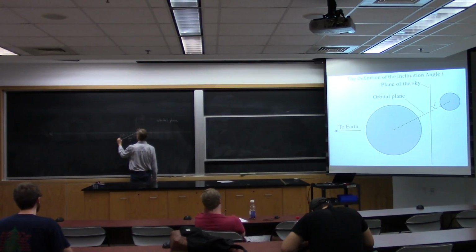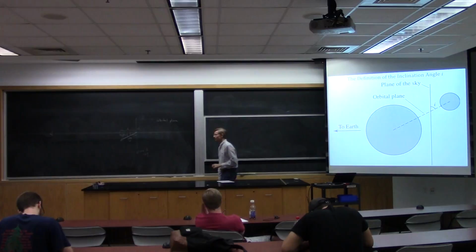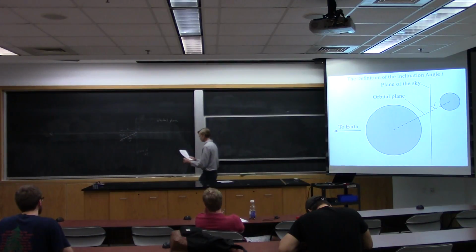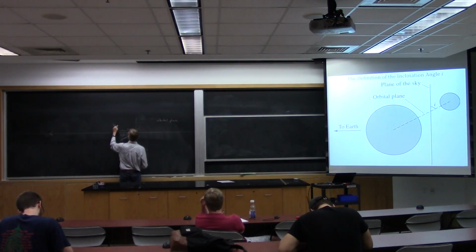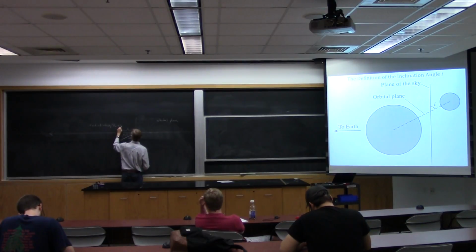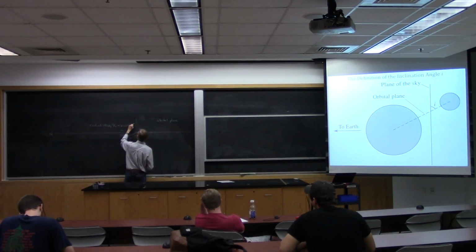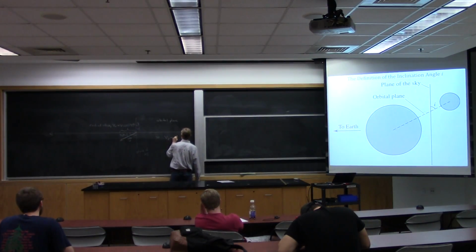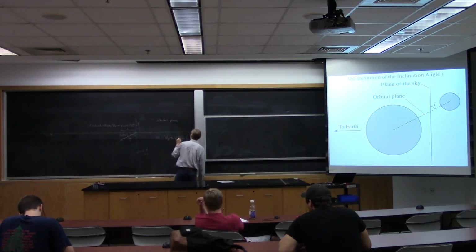And so the component of the velocity along our line of sight, the radial velocity, the part that the Doppler shift is sensitive to, will be v cosine of 90 minus i, or in other words, v times the sine of the inclination. So v_r would be v sine i.